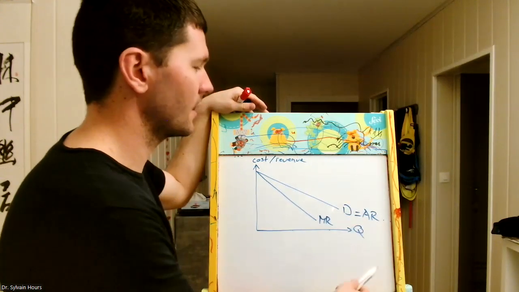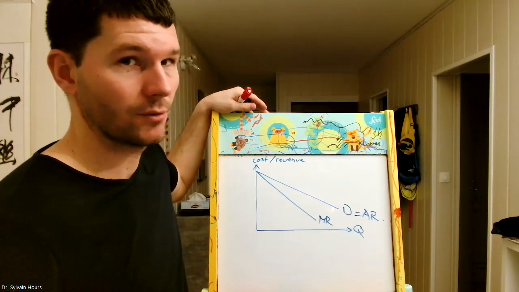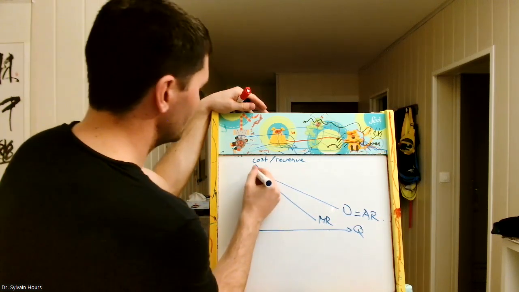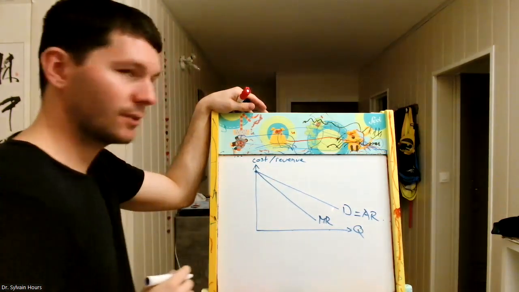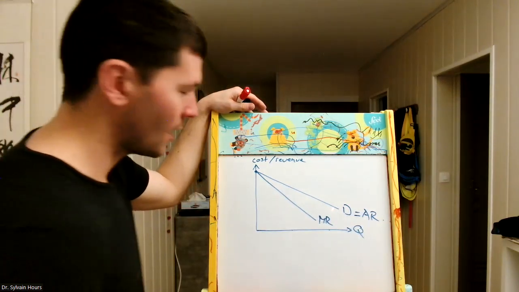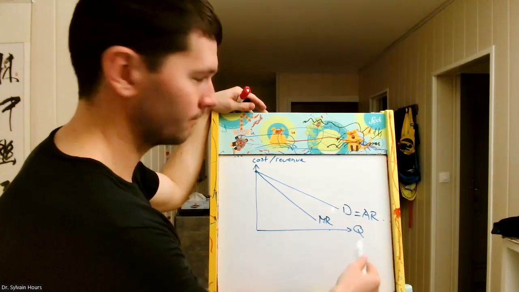And the consequence is that the marginal revenue is going to be less than the average revenue, less than the price. Graphically speaking, the two lines will have the same vertical intercept. They will both be downward sloping, but MR is going to be twice as steep as AR.